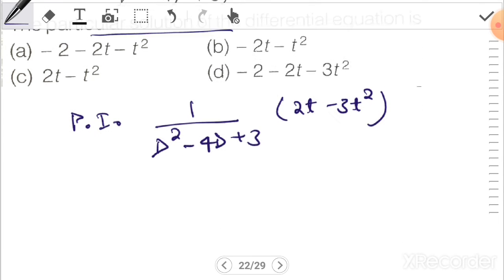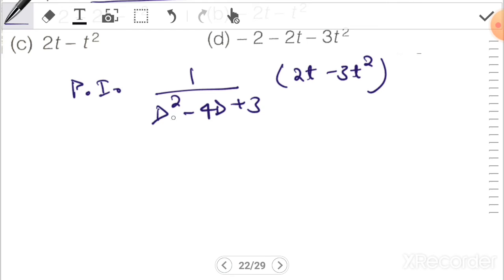Right? Again, factorizing this, D square minus 4D plus 3 is (1 minus D) and (3 minus D).